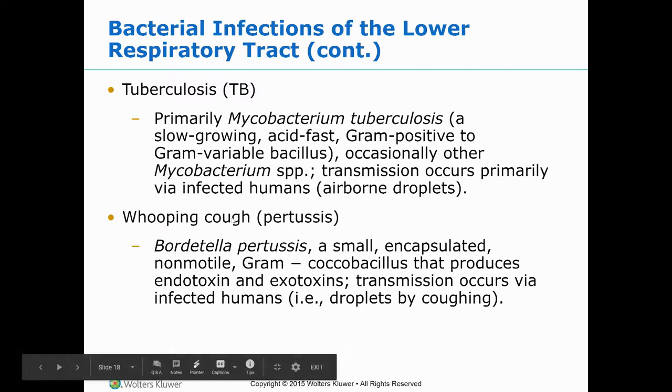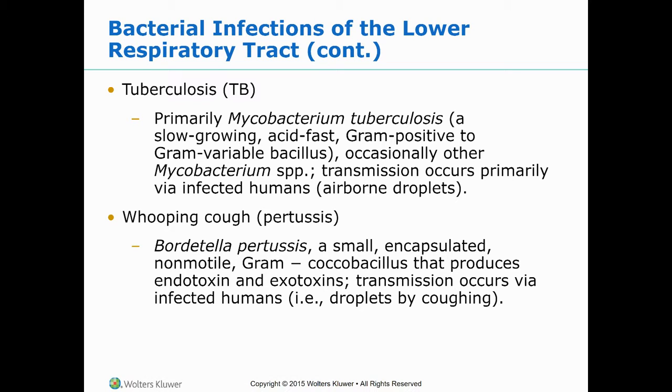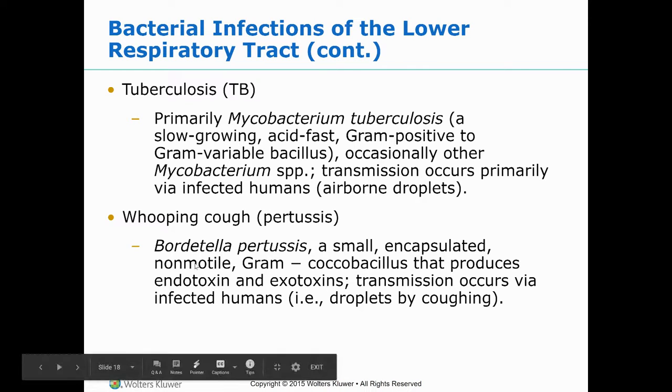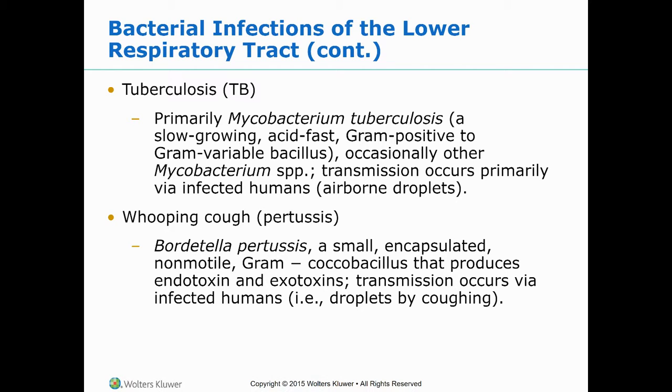Whooping cough is usually caused by Bordetella. It's why when you have dogs that have their own version of what they call kennel cough, it's not the same bacteria, but it's a similar bacteria. It's why the whooping cough sounds very similar from a dog and from an actual person as well.